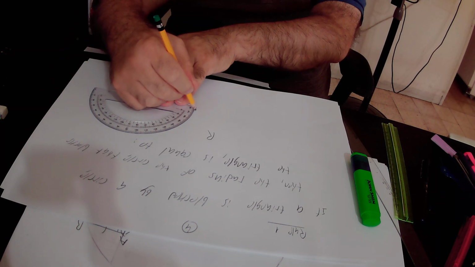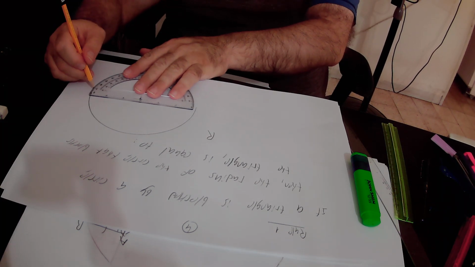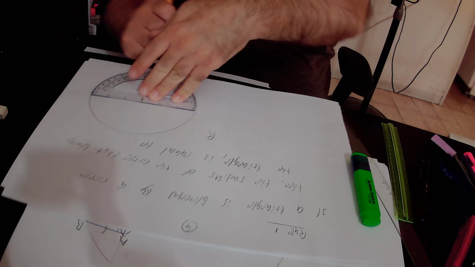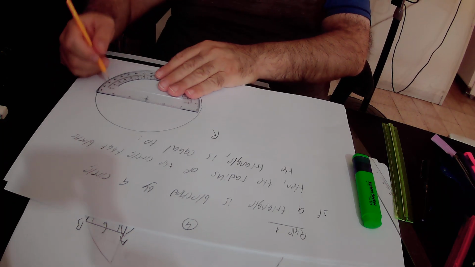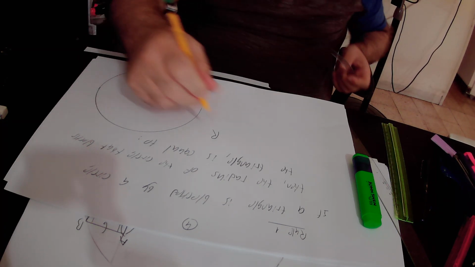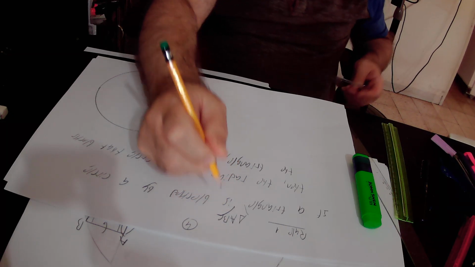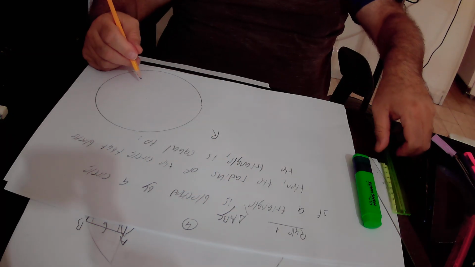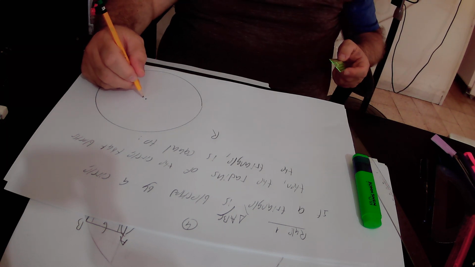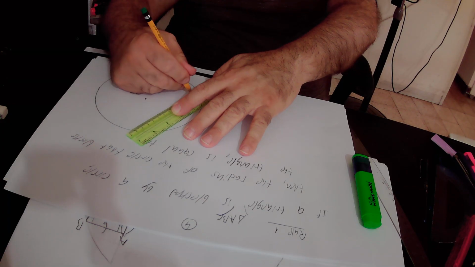So if this is the circle that blocks the triangle, we are talking about triangle ABC, which is blocked by this circle. This is the center of the circle.